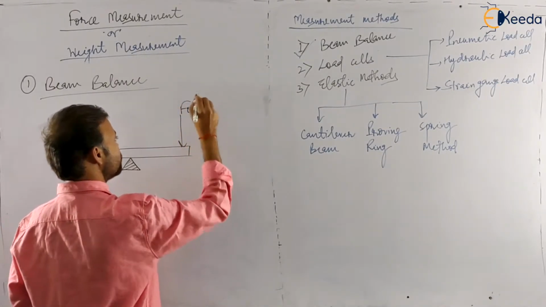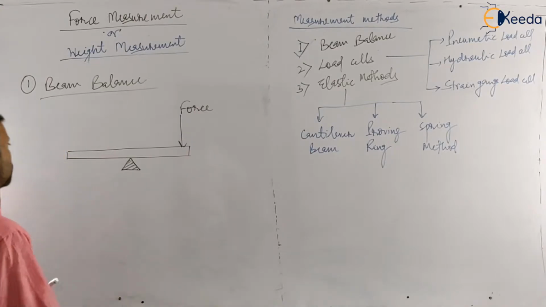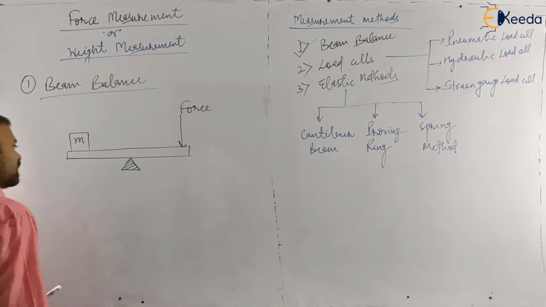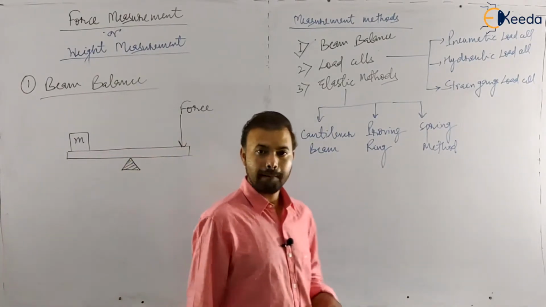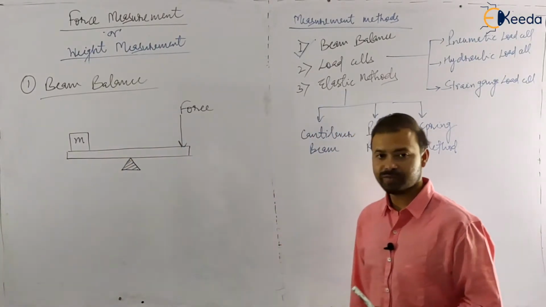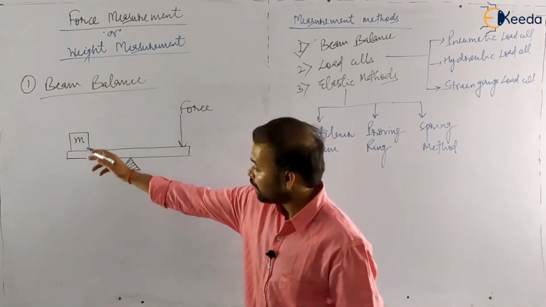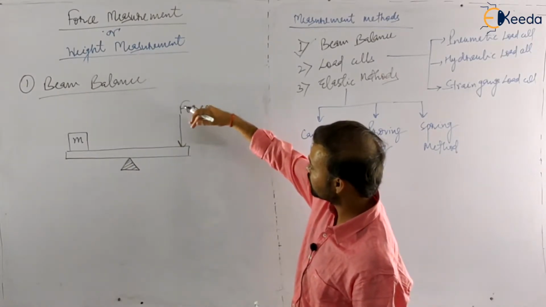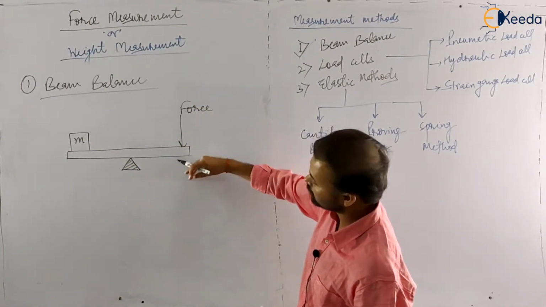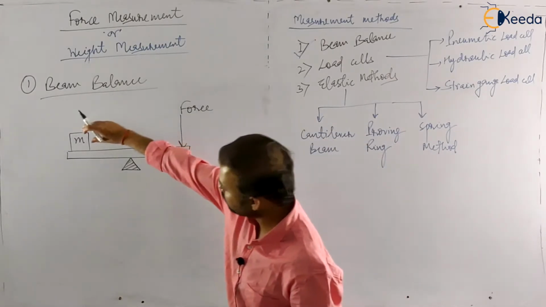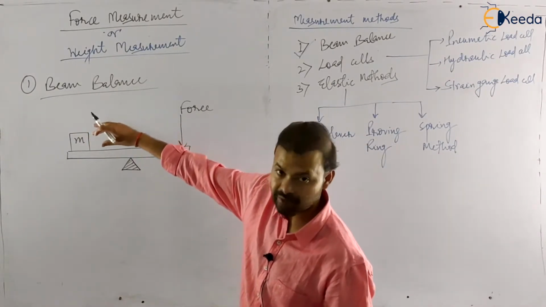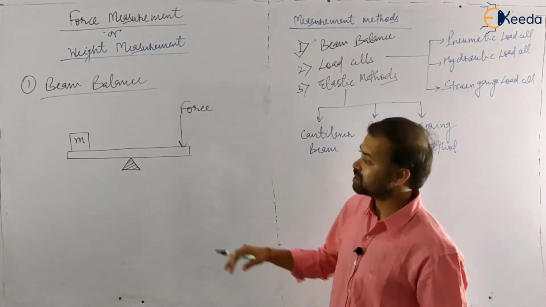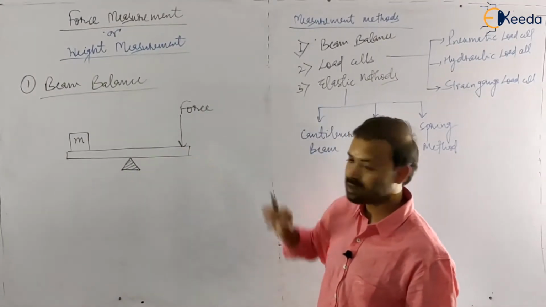This is the force we want to measure. Now, by putting some mass, we can balance this force, because the mass will apply some weight downwards. Suppose we are applying some force and the beam goes downward. Now replace this mass with another mass which can balance this force.